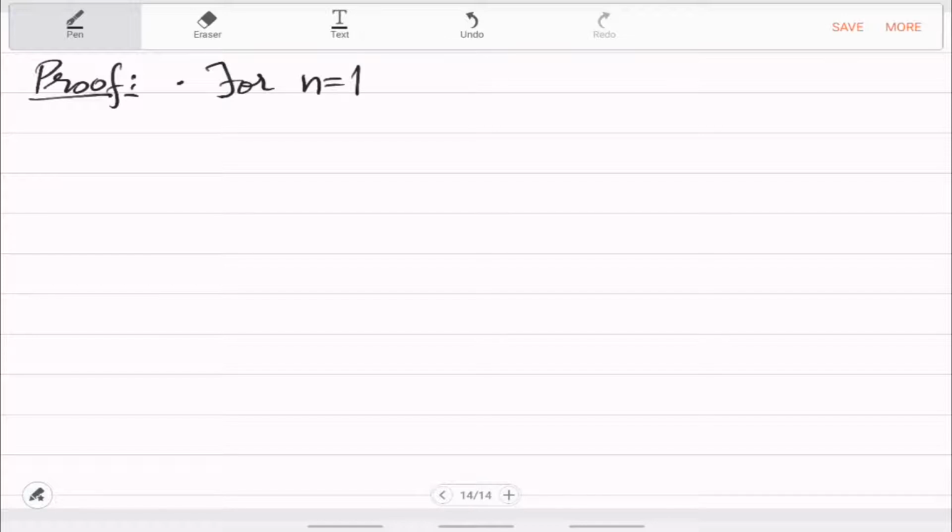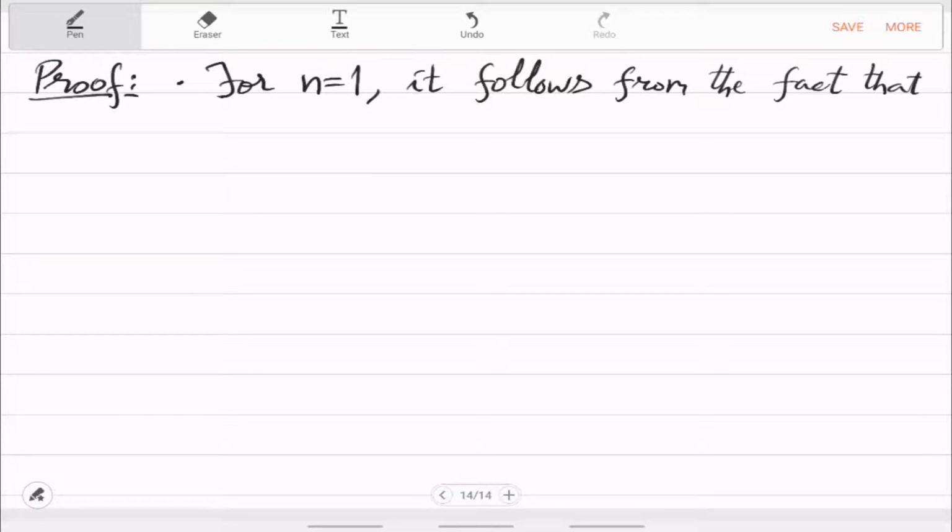So for n equal to 1, it follows from the fact that P(x1) has at most d roots in the field F or any extension. Okay, there cannot be more than d roots because the degree is d or less than d. So n equal to 1, it is true.